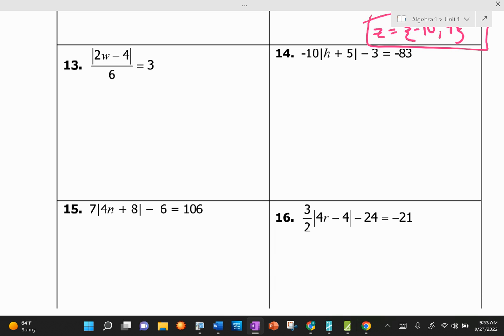Well, I just wanted to see if we started 13 the right way. I'm not going to finish it. So, for number 13, who would like to suggest what was the first step? What did you need to do? Brian. Subtract 6. We would say subtract 6 if 6 was being added to the absolute value symbol. It's not being added. What's happening? It's being divided, so what do we need to do?